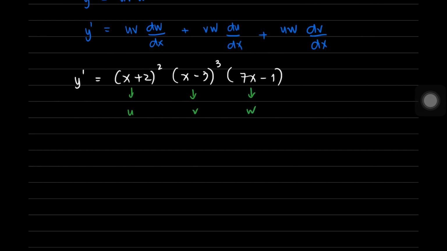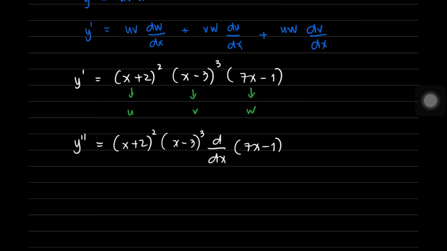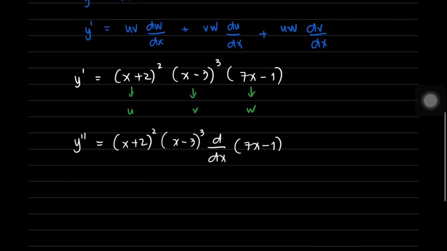Again, if we apply our formula, y double prime is equal to u times v, that is (x + 2)^2 (x − 3)^3, multiplied by the derivative with respect to x of 7x − 1. Right? So that's the first term.